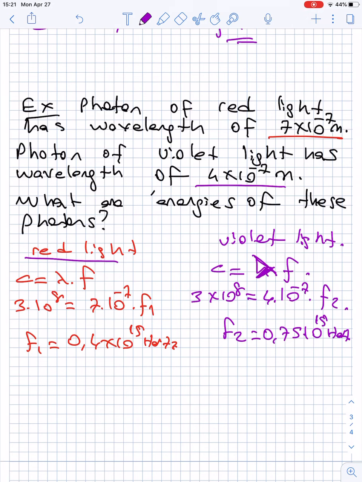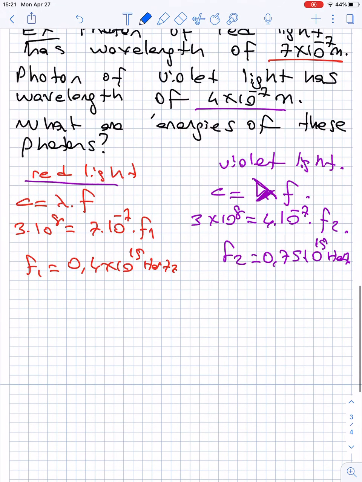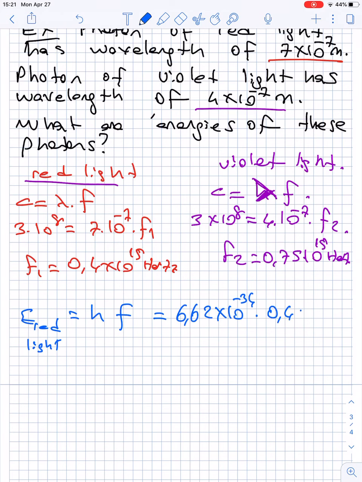Now we know the frequency of red light and the frequency of violet light, and I can find the energy of these photons. Energy of red light is equal to HF, and H is constant, 6.62 times 10 to the power minus 34, and the frequency of red light I found, 0.4 times 10 to the 15.